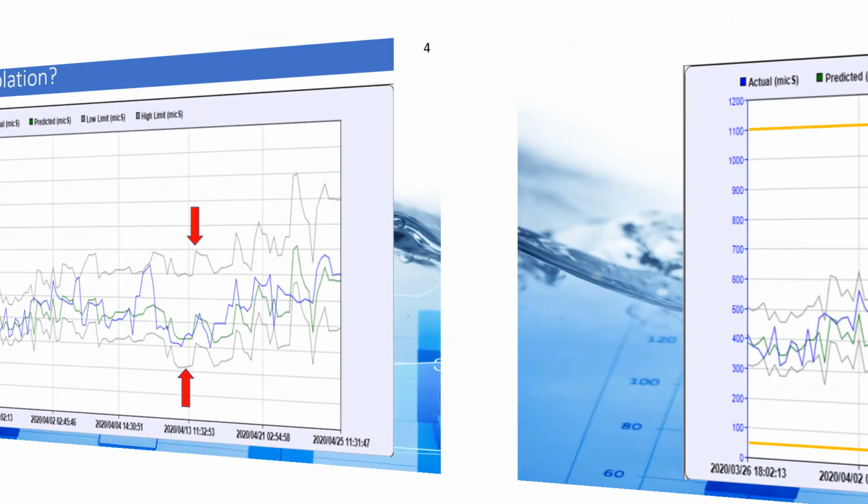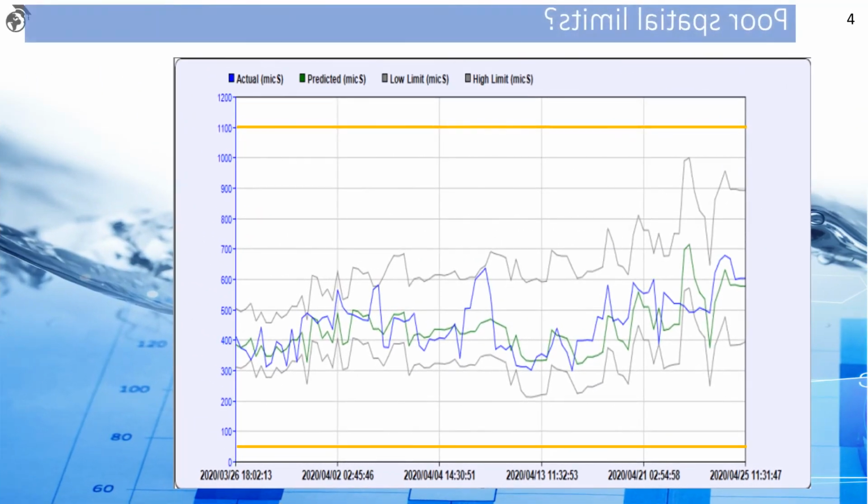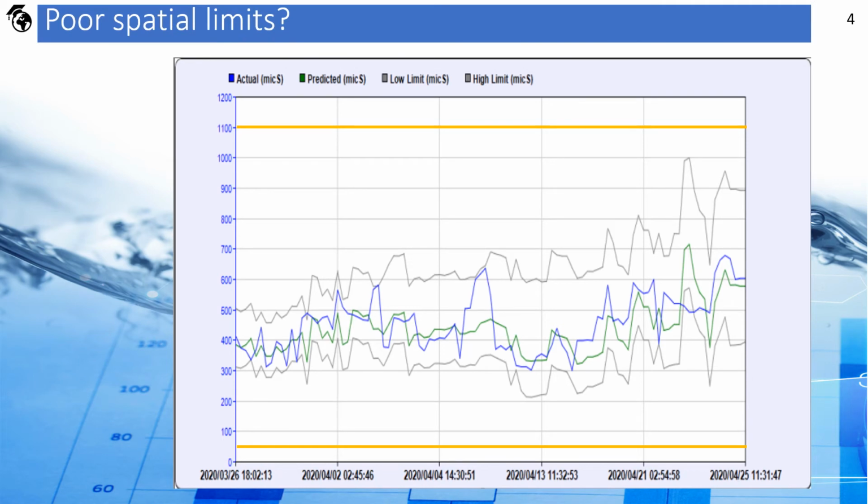Another alert that may be received is ineffective spatial boundaries. This alert is the ratio of spatial boundaries to static boundaries. The value of the distance between the static boundaries is shown in the diagram by the orange arrow. The value of the distance between the spatial boundaries is shown in the graph by the gray arrow.